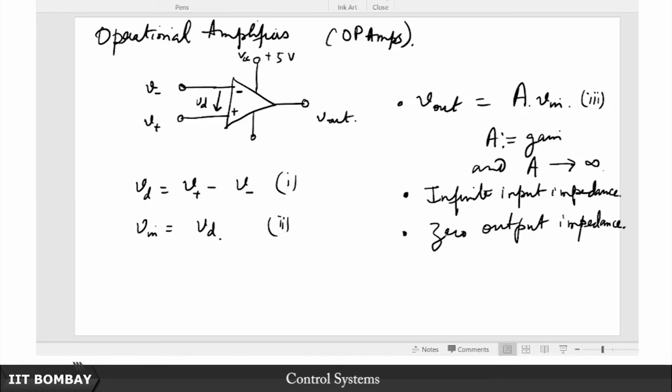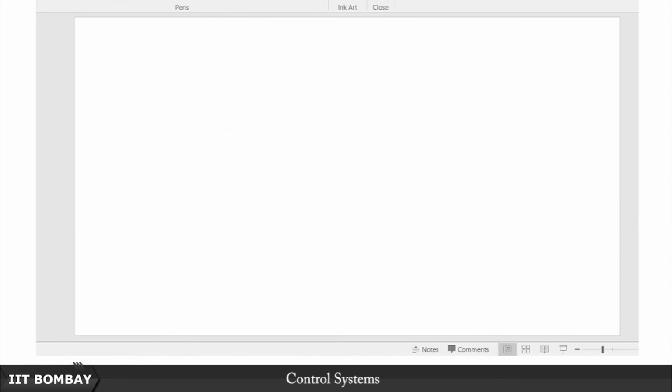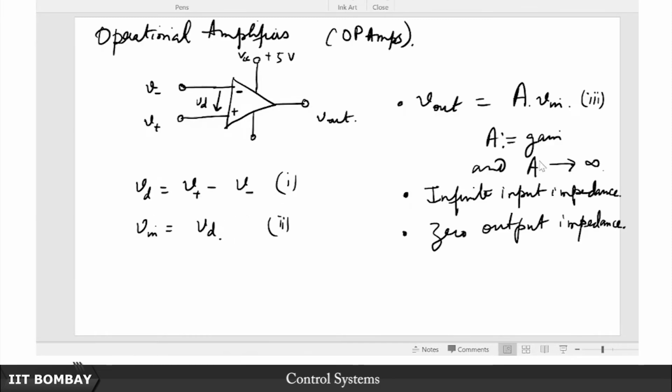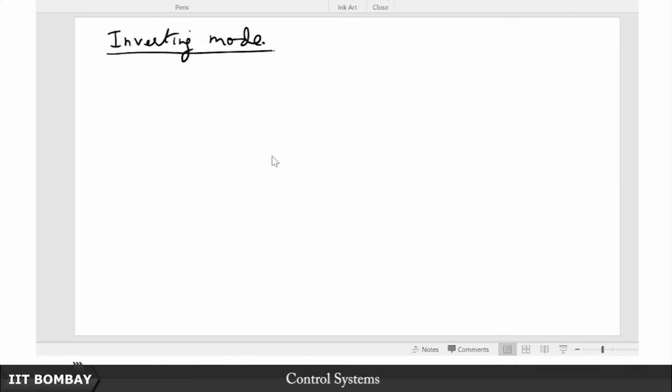In and of itself this is not very interesting, but now we shall see two modes in which an operational amplifier operates. First we shall take a look at the inverting mode. Remember these idealizations, these will help us in deriving the input output relation for the inverting mode of operation.